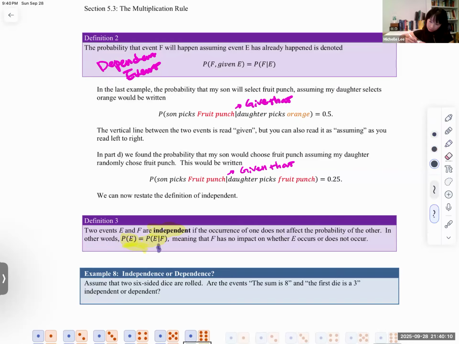This means that F has no impact on whether E occurs or does not occur, because they are independent.